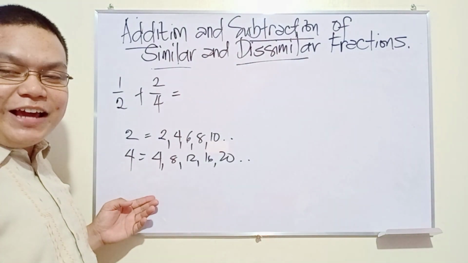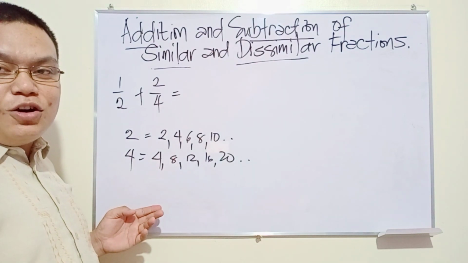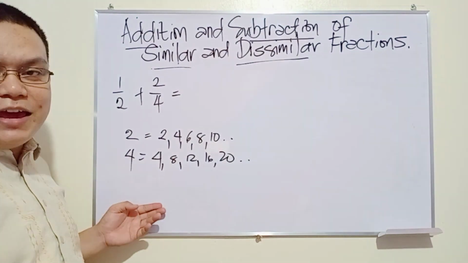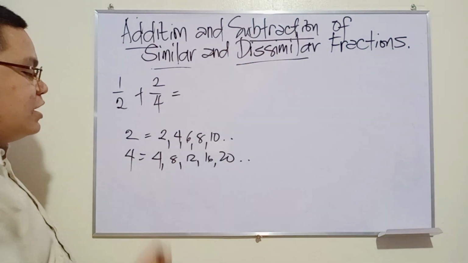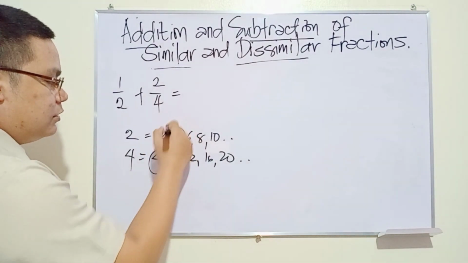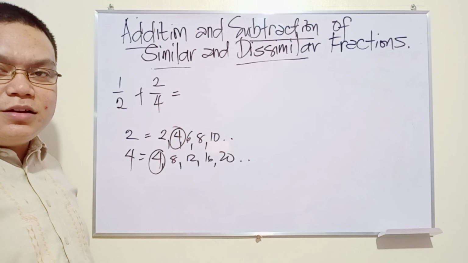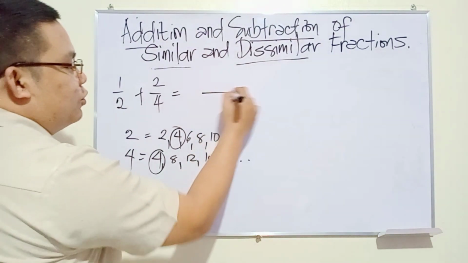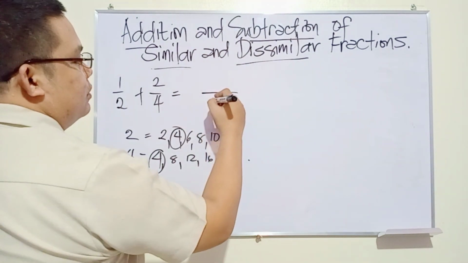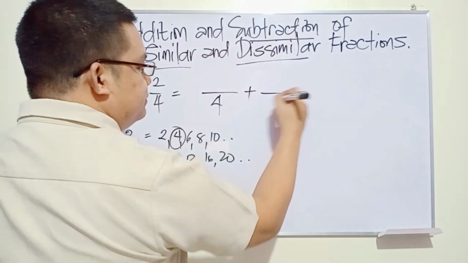We're going to find next the least common multiple or the LCM of 2 and 4. As you can see, the LCM of 2 and 4 is 4. Then we're going to use 4 as the LCD.